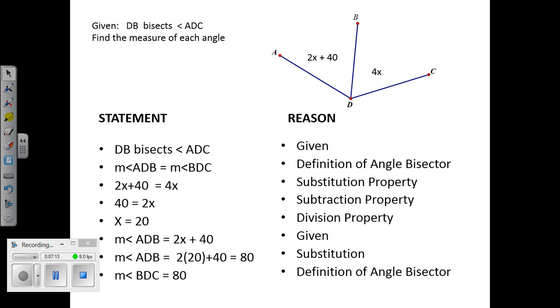So that is a more formal proof. Ones that you're going to see initially are in all likelihood going to provide you with all of the statements, and you're going to have to account for the reasons. And the reasons will largely be from that list given on the first slide, or from some properties of geometry that we will see and build on as we go through the course.